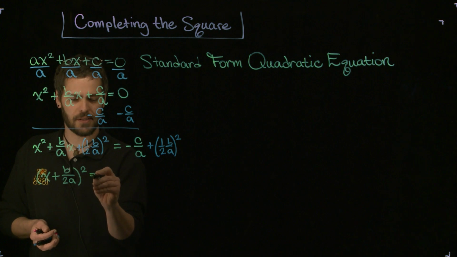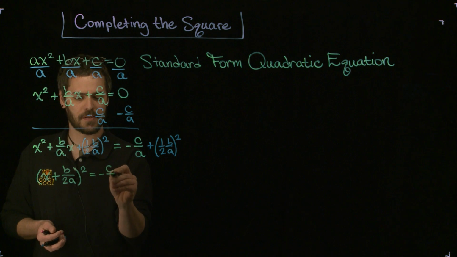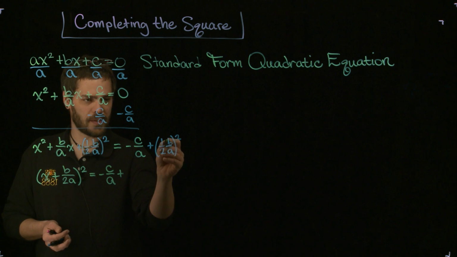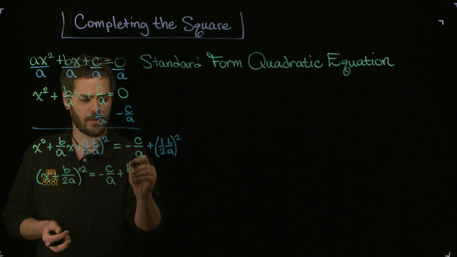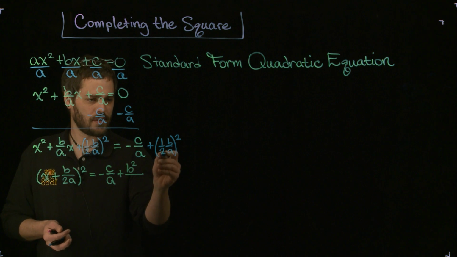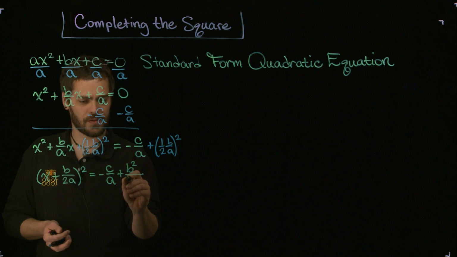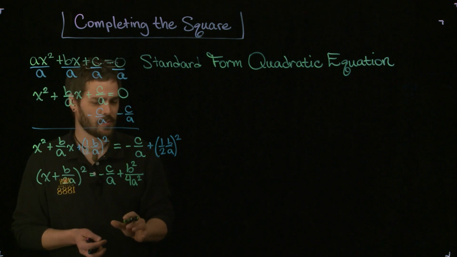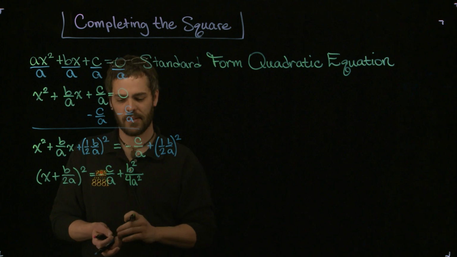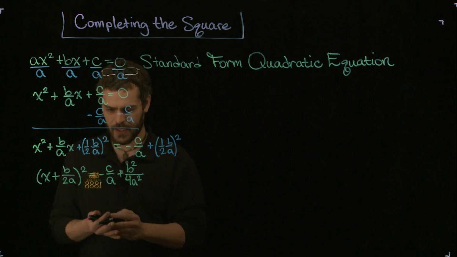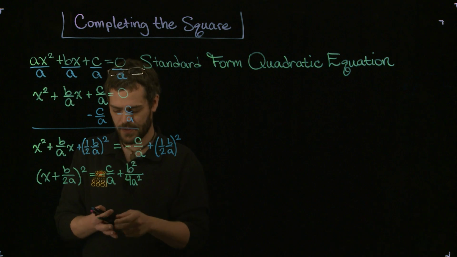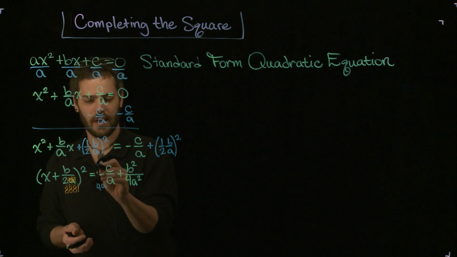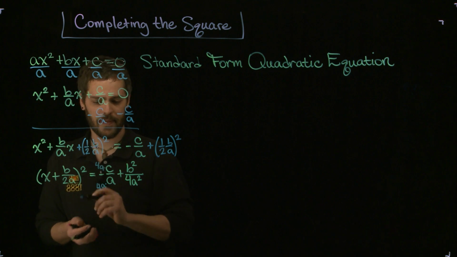On the right side, let's do a little simplifying. So we've got negative c over a plus, I'm going to go ahead and square this. 1 times b is b, so b squared on the top goes there. 2a, that quantity squared, is 4a squared. Now I'm going to keep going with this so that we end up with something that you'll notice in a conventional form. So let me go ahead and get a common denominator between these two fractions, which means I need to multiply the bottom here by 4a and the top by 4a.